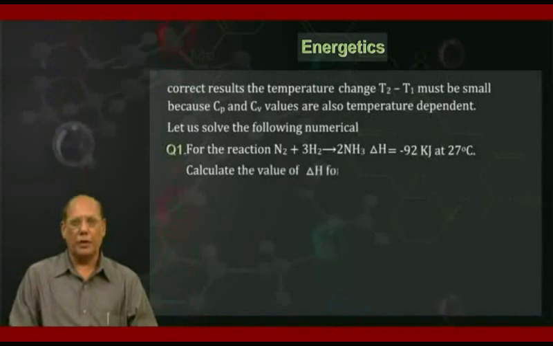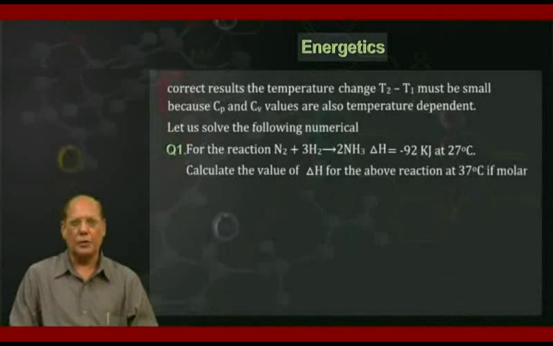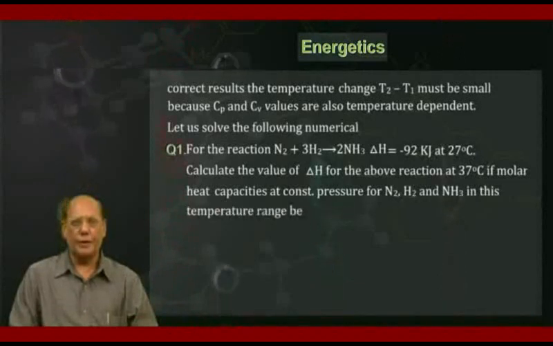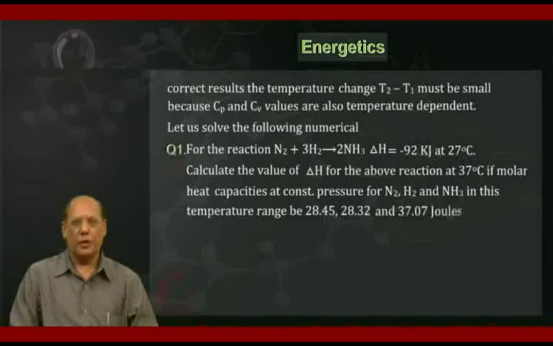Calculate the value of delta H for the above reaction at 37 degrees Celsius if molar heat capacities at constant pressure for N2, H2 and NH3 in this temperature range be 28.45, 28.32 and 37.07 joules mole inverse respectively.